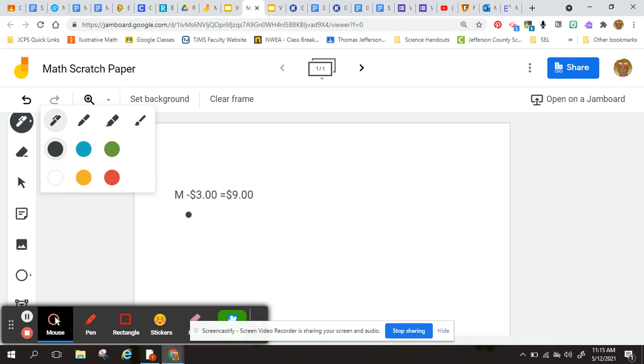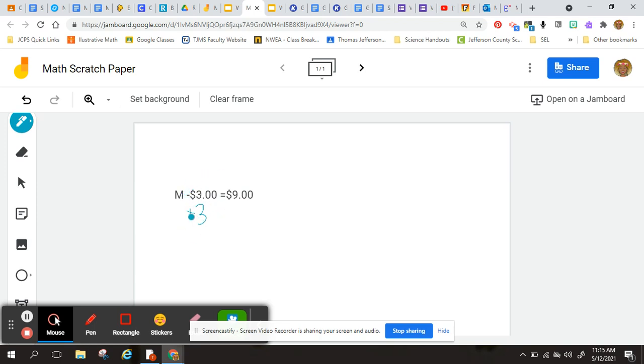If it's a minus, remember we do the opposite operation. So I'm going to add in order to get M alone. And I'm okay with that. So we're going to do plus $3. I can just do plus 3, or I can do 0, 0. I don't really have that much room, so I'm just going to do plus 3.